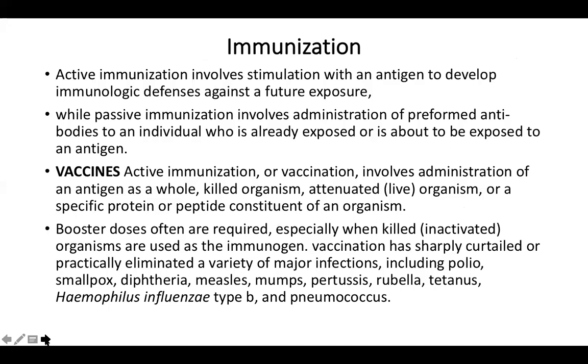What do you give in passive immunization? You give an antibody. Passive immunization involves administration of preformed antibodies to an individual who is already exposed, so it is generally given as a therapeutic drug, whereas in active immunization, antigen is given as a prophylactic drug.